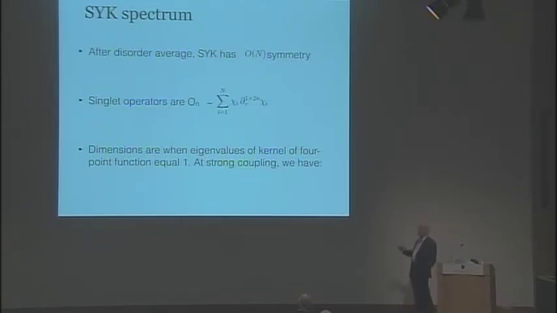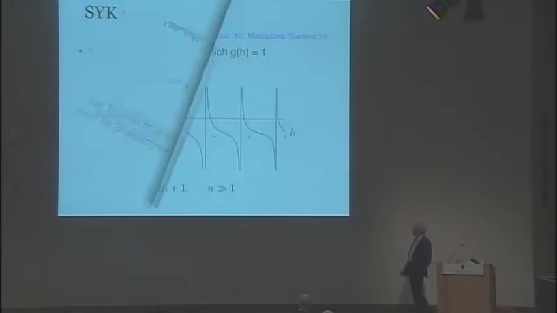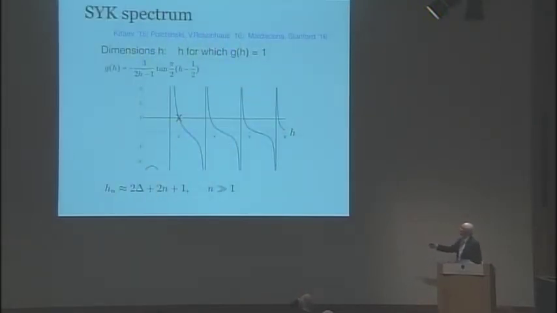They are the eigenvalues of that kernel that constructed those iterated ladders and can be explicitly solved. So this is an example of a theory in which all the dimensions, the analog of the single trace operators in AdS/CFT, can be calculated very nicely and in closed form.